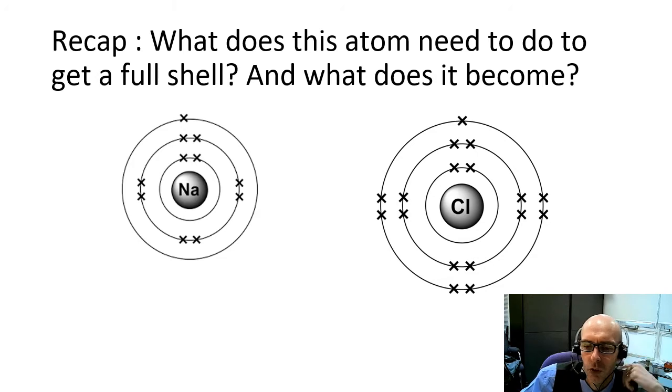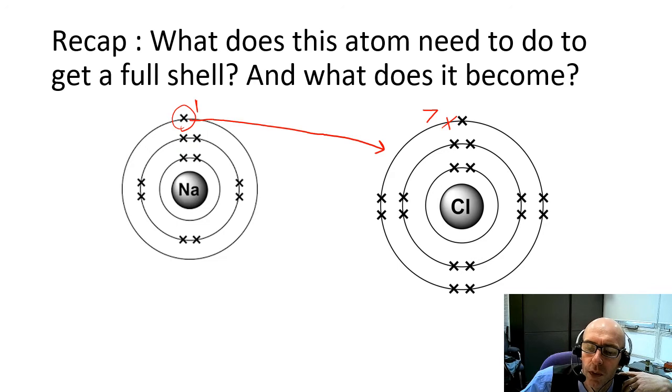So, just recapping, here we have sodium with 1 on the outside shell, and here we have chlorine with 7. When sodium and chlorine react together, sodium will then have a full shell, and chlorine will have that extra 1, so it will have a full shell. They've both got 8.